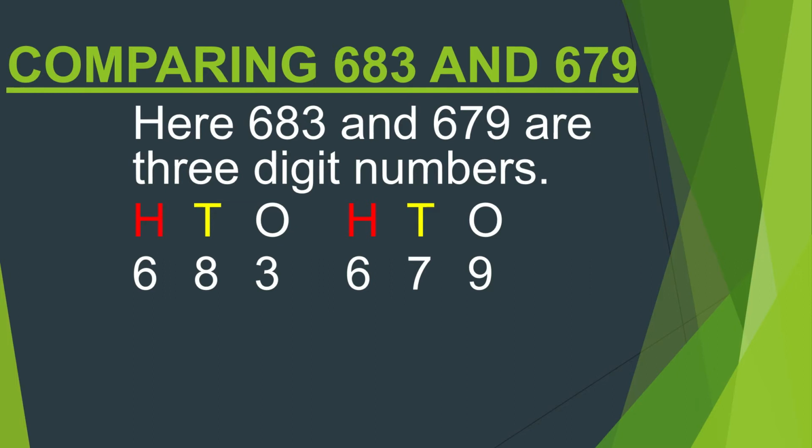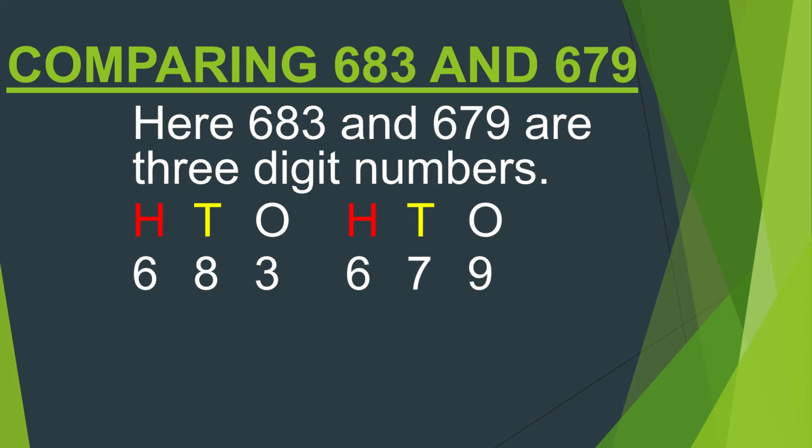683 and 679. First count the digits. In 683 and 679, there are 3 digits. Here the number of digits is same. So we have to compare the left side place digit. That is hundreds place.